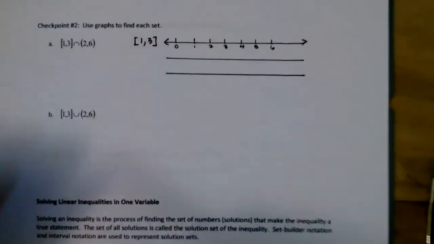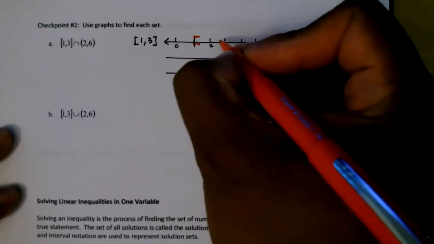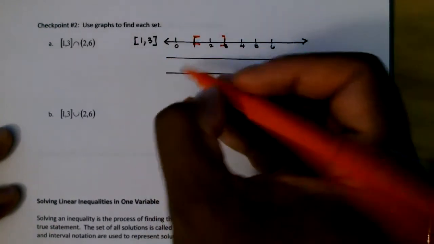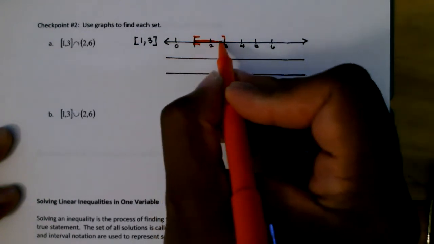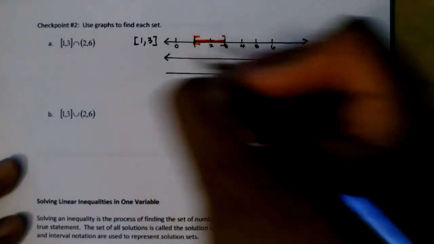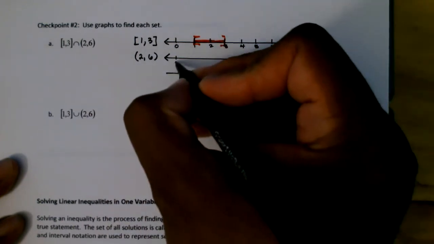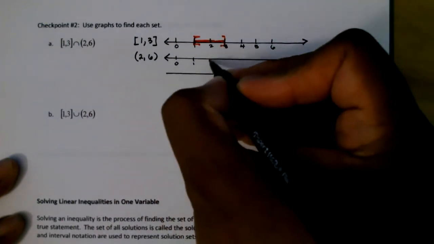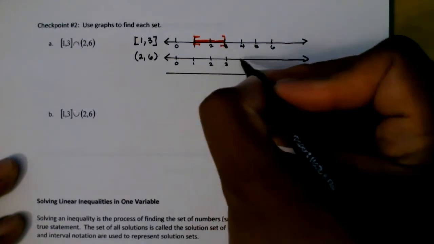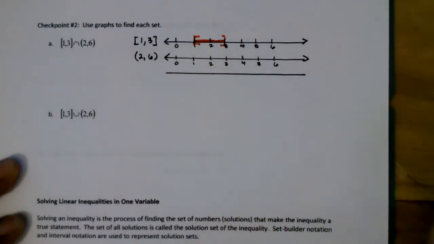Now notice that we have brackets at 1 and at 3. So we need a bracket on the 1 on the number line and a bracket at 3 on that number line as well. And we shade in between to indicate the values of x are in between 1 and 3. The second number line will be for the open interval (2, 6). This will be 0, 1, 2, 3, 4, 5, and 6.